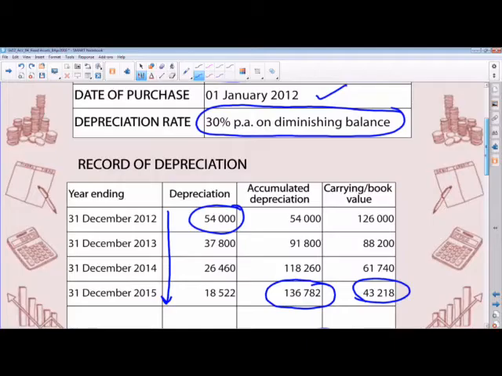Reason for doing this? Very simple, because we are using the diminishing balance method of calculating the depreciation of this particular asset. Okay, so all of this information would appear in your fixed asset register. Important. Okay, let's move on.